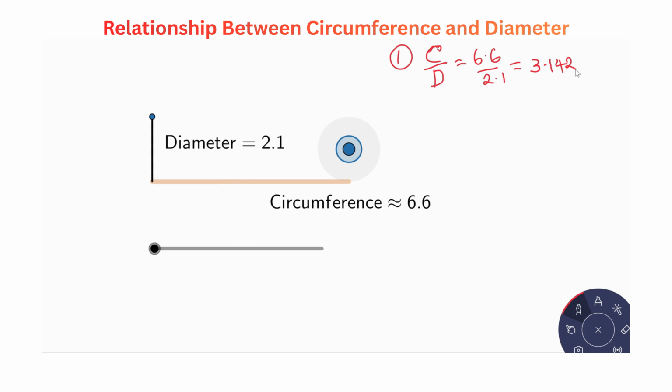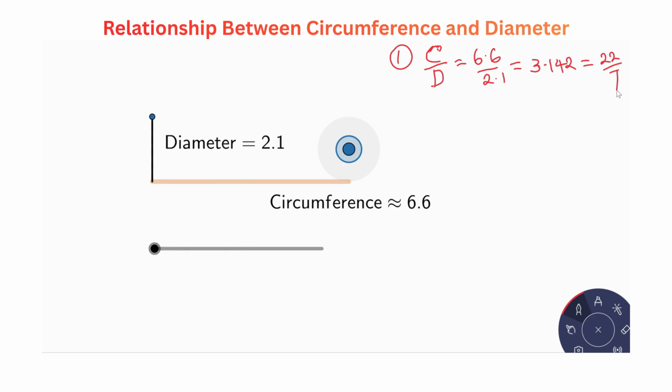You can also use your calculator, shift it, and look for the fraction form. For the fraction form, you're getting something like 22 over 7.